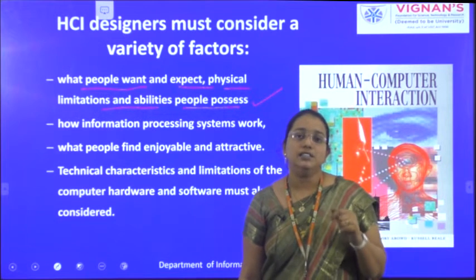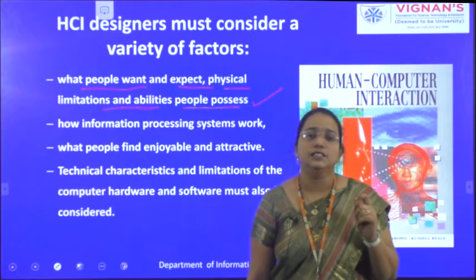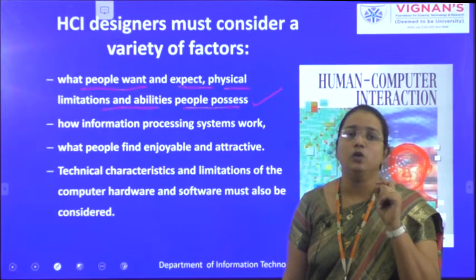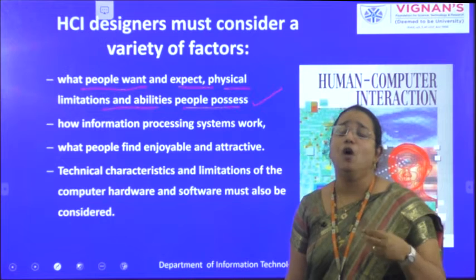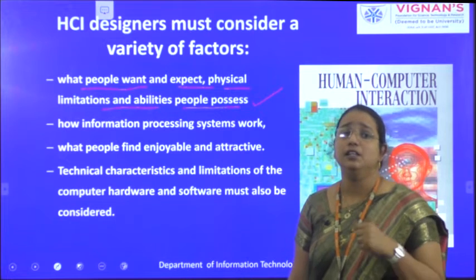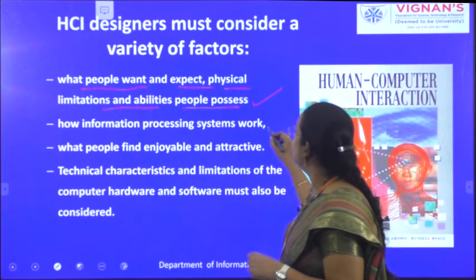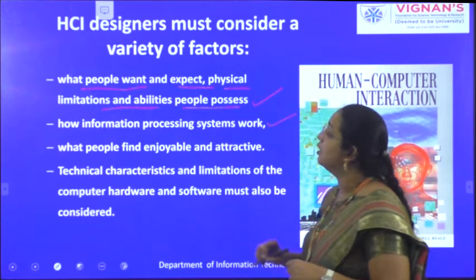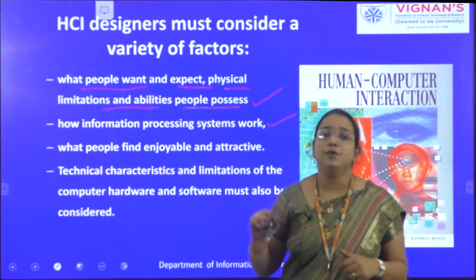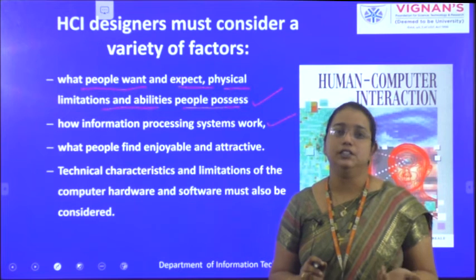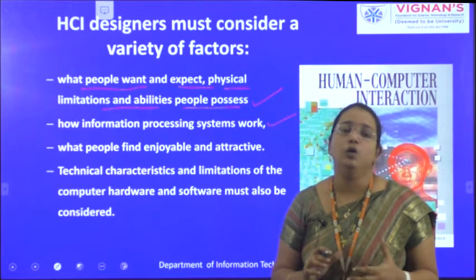While designing an HCI, the designer has to consider what knowledge people possess and what they are expecting from that particular computer. The next point is how information processing systems work. The information processing system is nothing but your computer: how it works, whether it is working well or not.